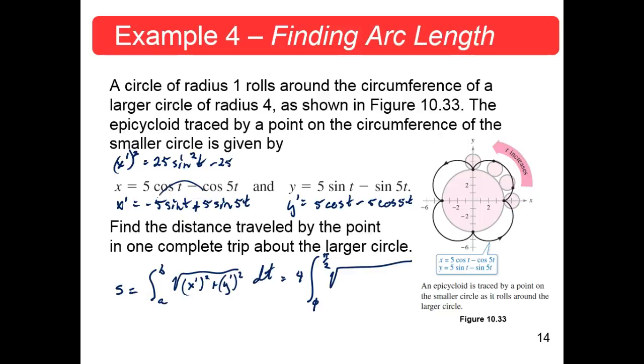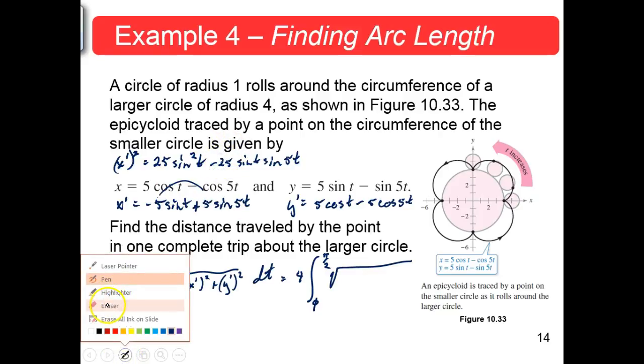Okay. Now, so it's 25 from that, and then these two would be minus 25 sine t sine 5t. Is that right? And then you do that again, and it's another, so that'll be a minus 50, isn't it? Okay.